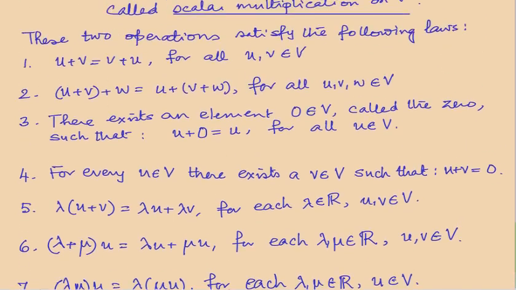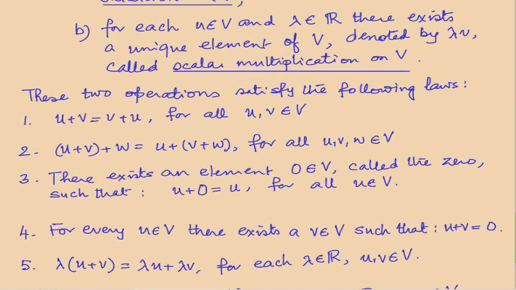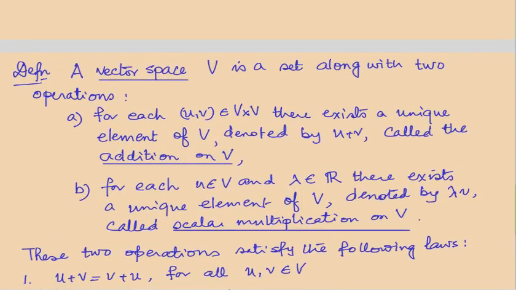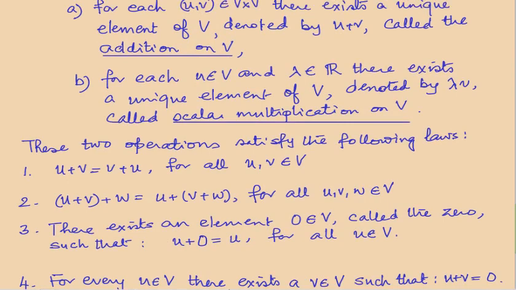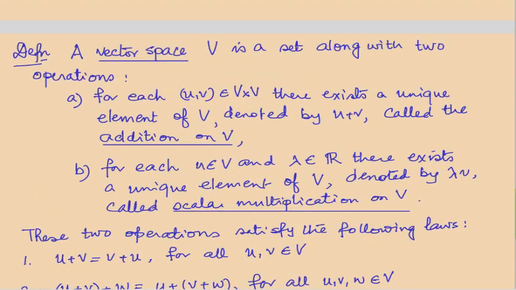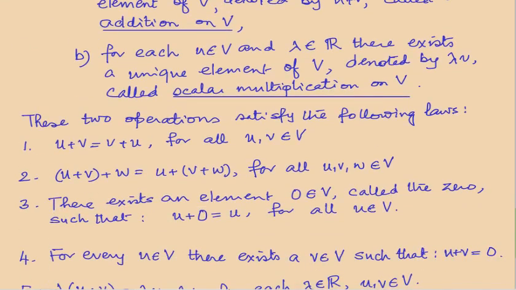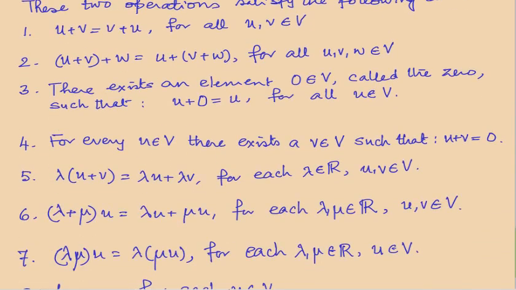Okay. So this is exactly a vector space. It has two operations. One is called the addition, and the other is called the scalar multiplication.